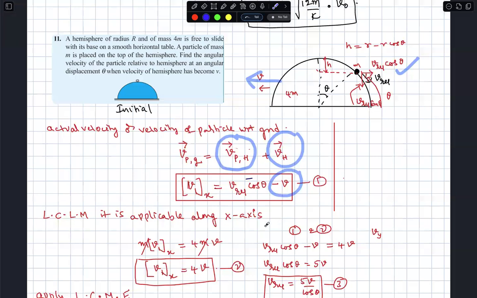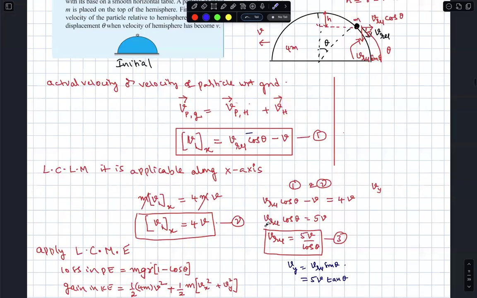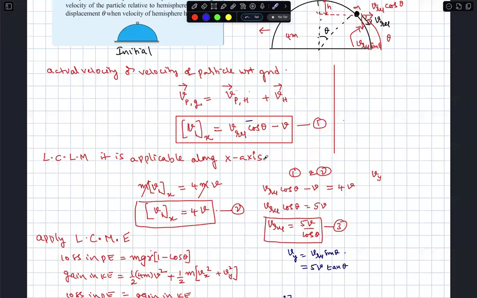Now, the law of conservation of linear momentum. Remember, I am applying this law strictly along the x-axis. I'm applying m v1x is equal to, already you have given this as 4m, and you have given the velocity of this as v. So finally, I got this relation and substituted that in this relation.